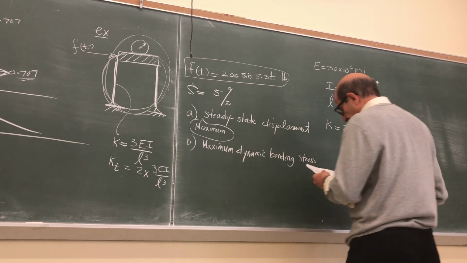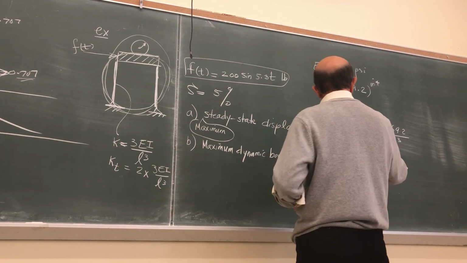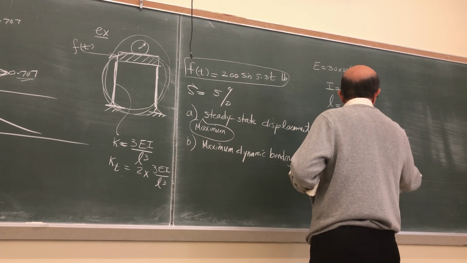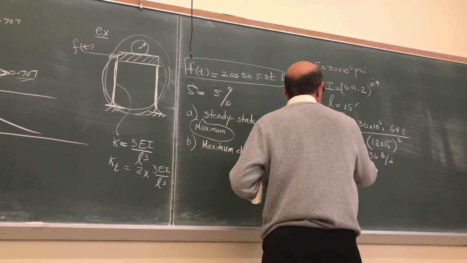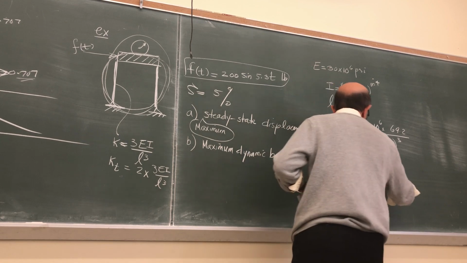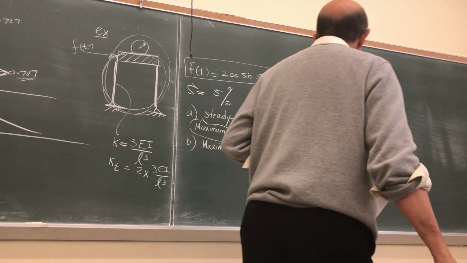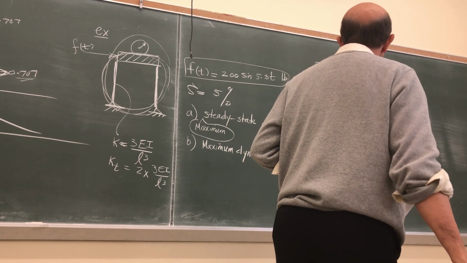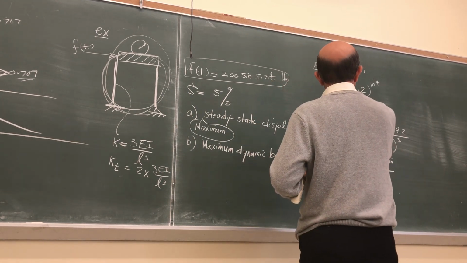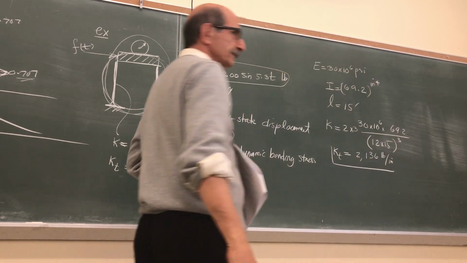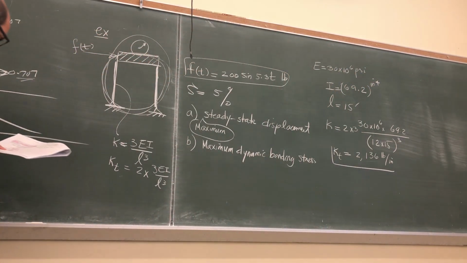That will give us 2,136 pounds per inch. So this is the total K for the system. Are you missing a 3 on top there? Yes, it's 2 times 3 times 30 times 10 to the 6. I'm sorry, 2 times 3. So that would be okay.